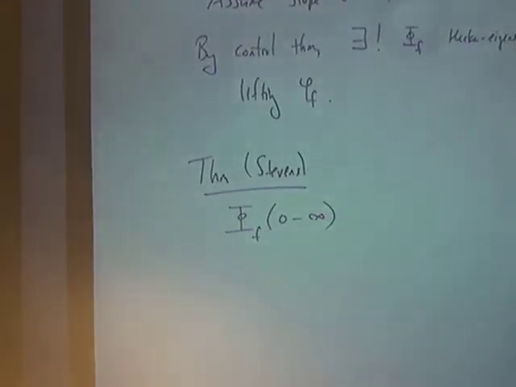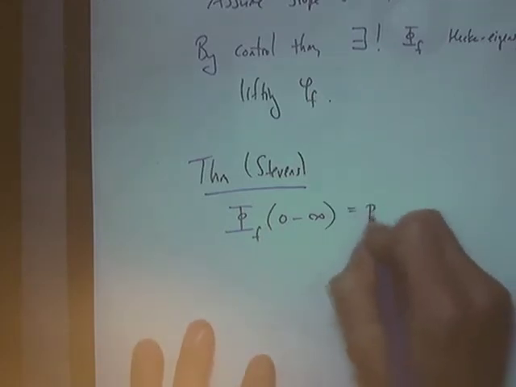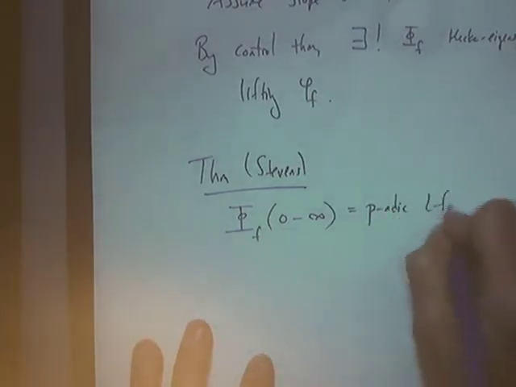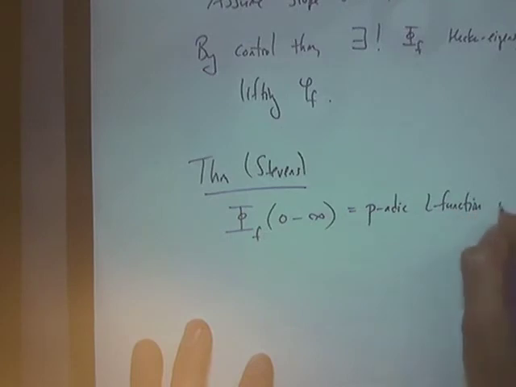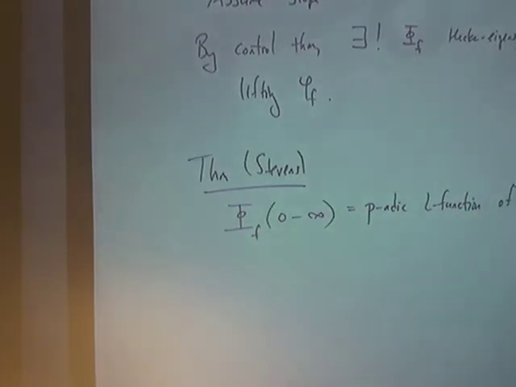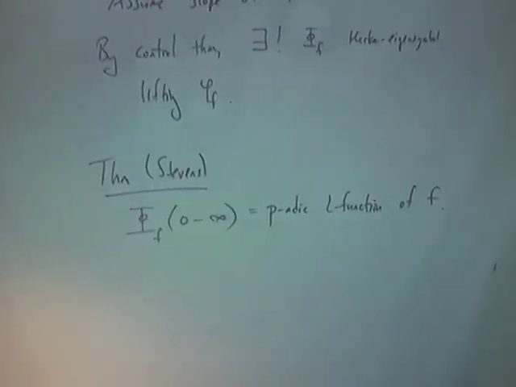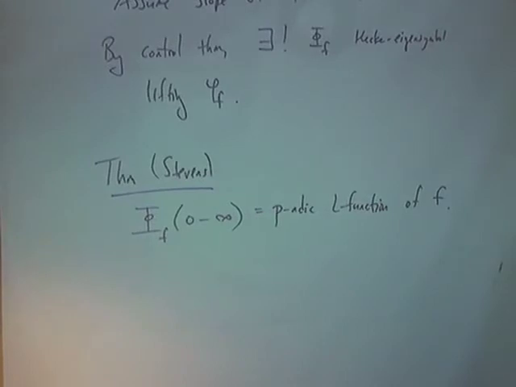And remember, the very first thing I said in my talks is that when you take the classical modular symbol and plug in that divisor, you get the L-value at 1. Now what you get is the p-adic L-function of the modular form as a distribution. So the p-adic L-function is a distribution.